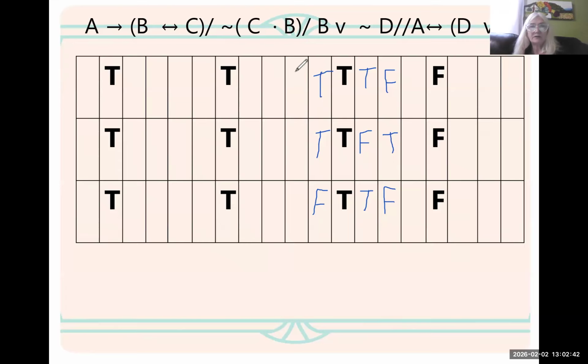So here we got our B is true, and our B is true there, and our D is false here. Okay. So for this, I'm going to start with this negation C and B. For this has to be a false conjunction because the negation is true. So I'm going to put false right there.